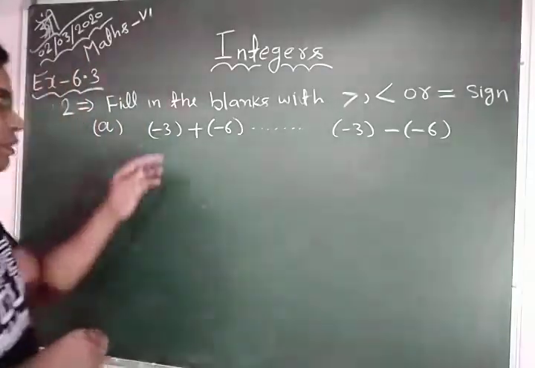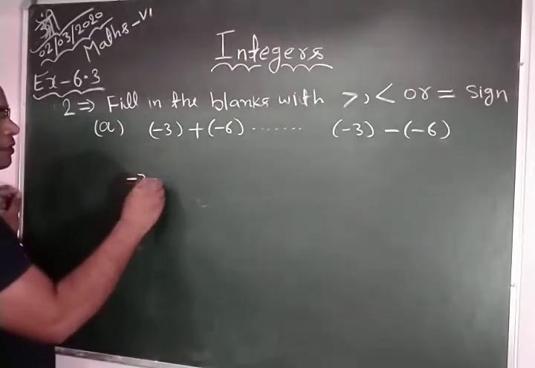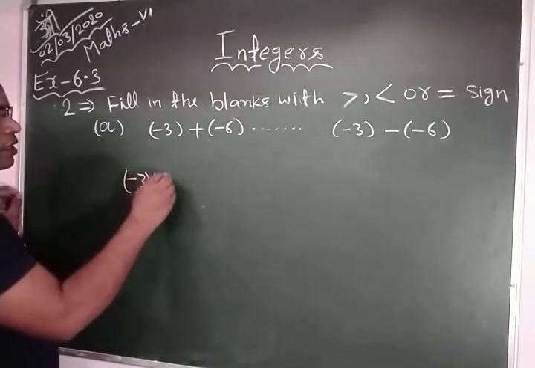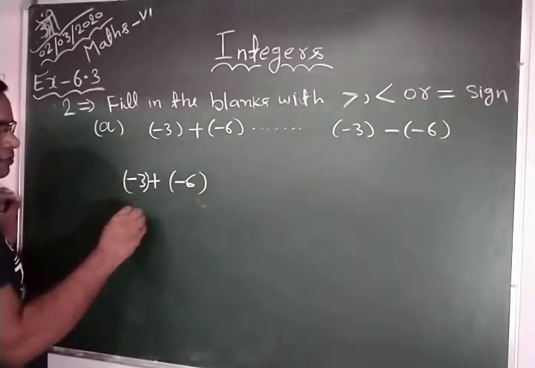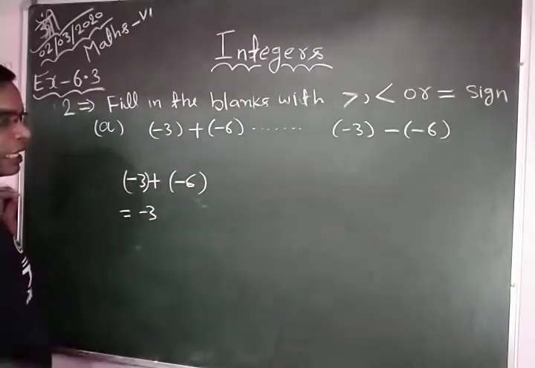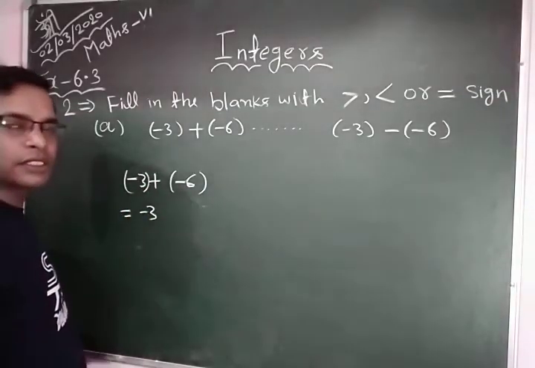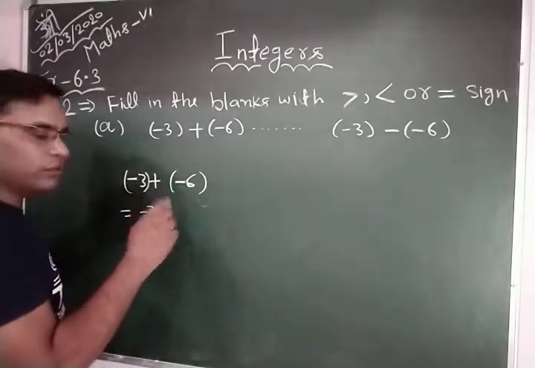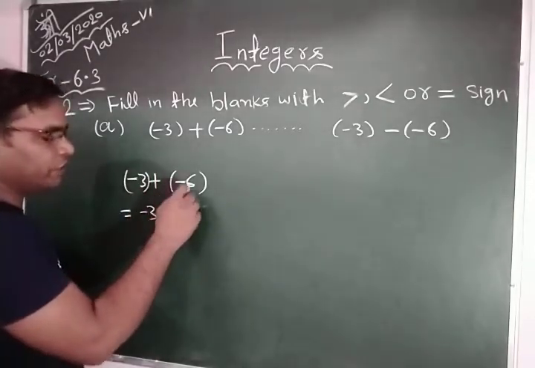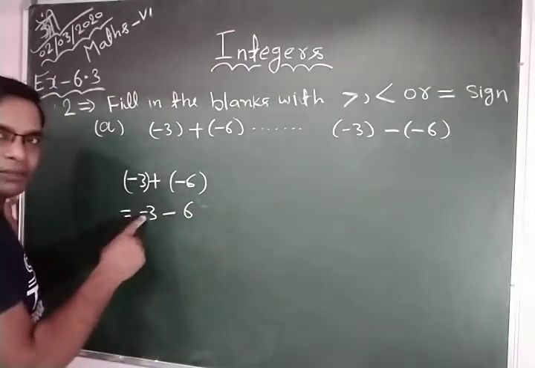Okay. So let's see. First we solve this, minus 3 plus minus 6. So you can write this minus 3 as it is. After this, here plus, and this is minus. So plus into minus is equal to minus. So here we can write 6 as it is. So we have minus 3 minus 6.